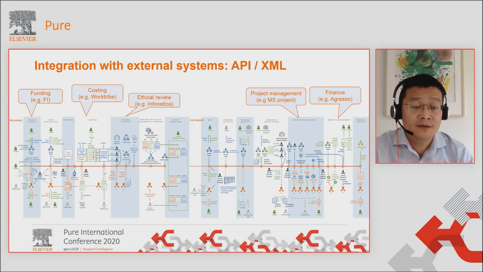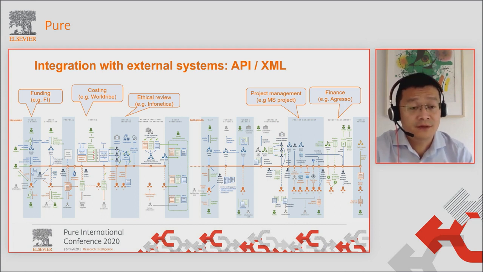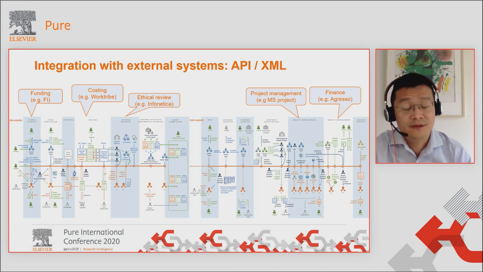So award management has many processes, involves many stakeholders, and may use different systems and specialized tools. For example, some universities will use Microsoft Project to do project management or use Informatica to do the ethical review process. And Pure does not want to replace these tools. Instead, we position Pure as a tool that sits in the center of a spider web.